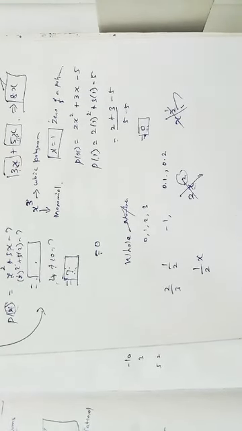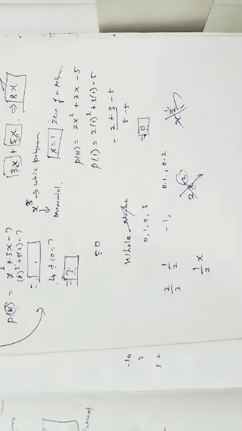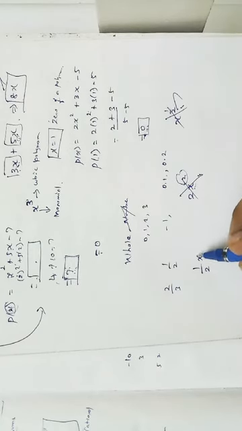This is a polynomial only because we want to check only the power of the variable. Degree means we see only the highest power, but here we have to see each term, the variable power in each term. Here the power is one only; if nothing is written, it means one.